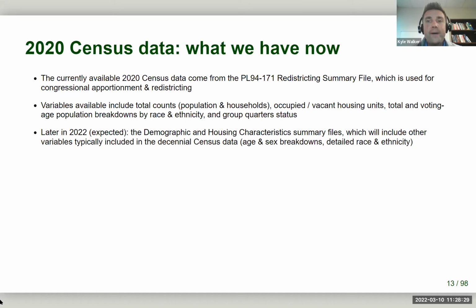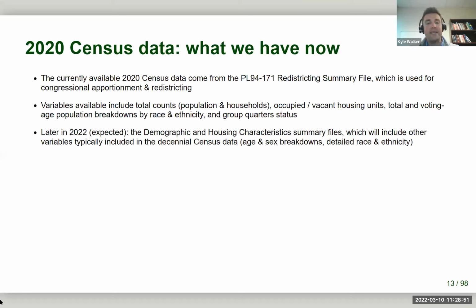And so the data release has been delayed relative to previous censuses, but we do have 2020 census data from the PL 94-171 redistricting summary file. That is the data that is used specifically for congressional apportionment and redistricting.